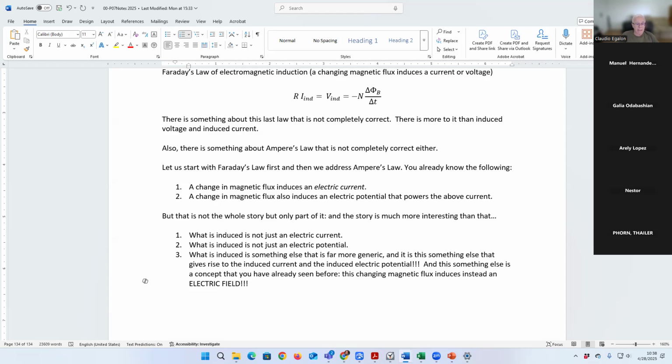Okay? That's the qualitative idea that you have to have in your mind. And it is this induced electric field that gives rise to the induced electric potential.